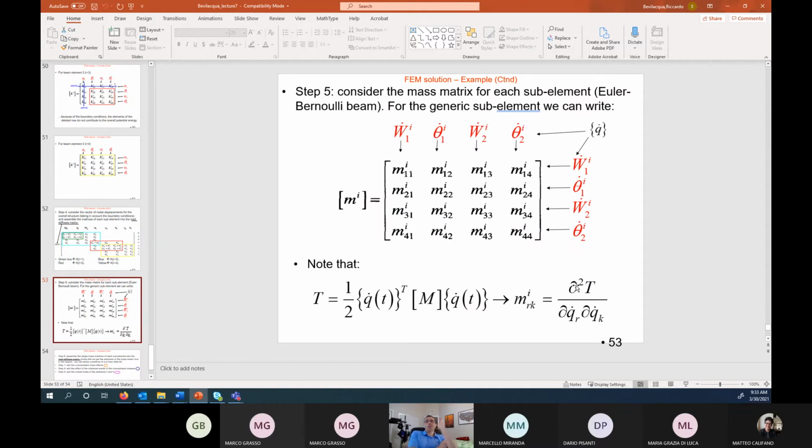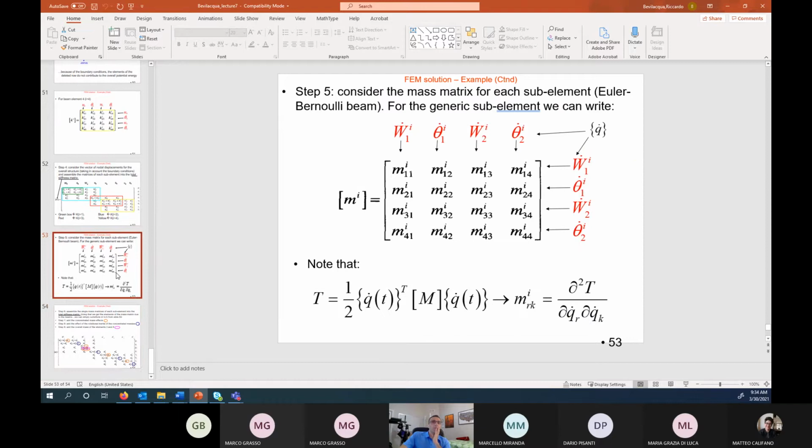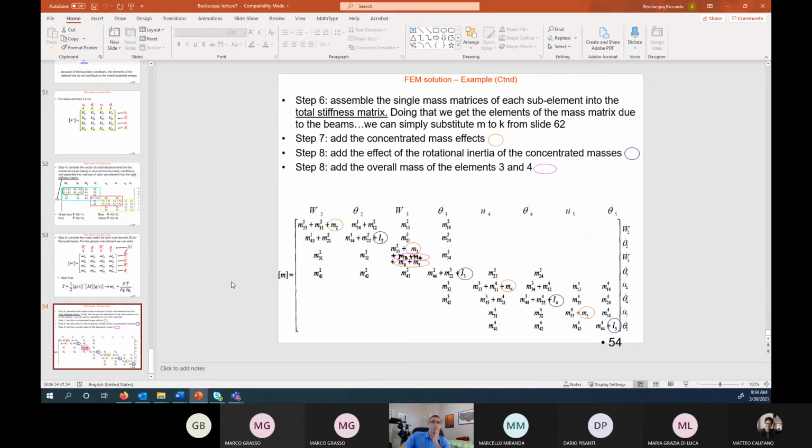For the mass matrix, we're talking about now kinetic energy. So you're going to talk about time derivatives of the variables, okay? And the similar kind of reasoning applies. I don't have the individual slides to do the same exercise, but basically you assemble the single mass matrices.